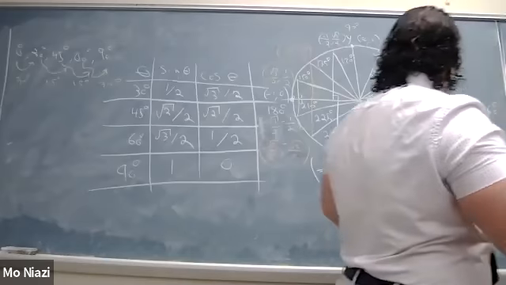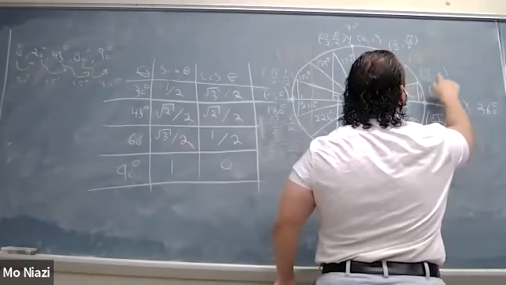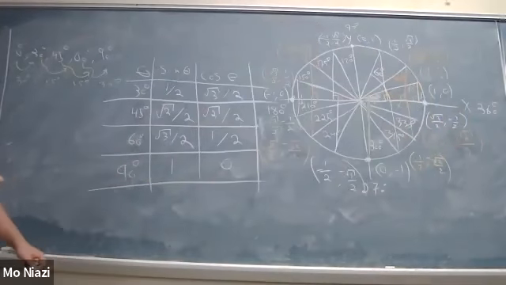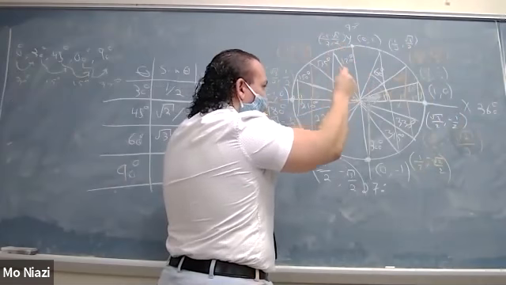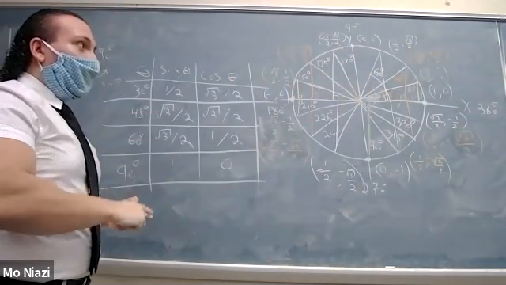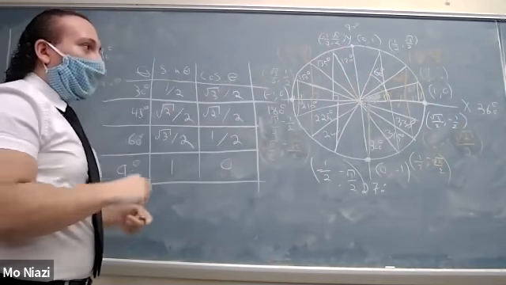So this is what we call the unit circle. And all these x and y values are the sine and cosine values for all of these angles. This is a very, very important concept in this class. You need to know how to derive this whole thing on your own.